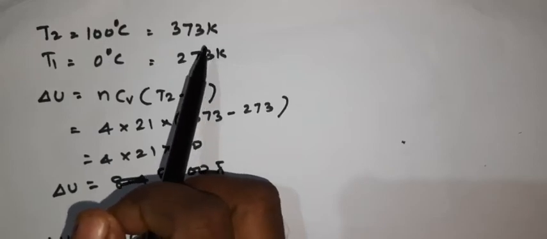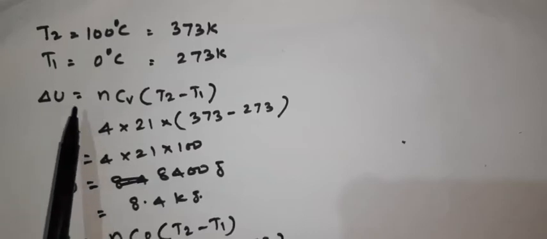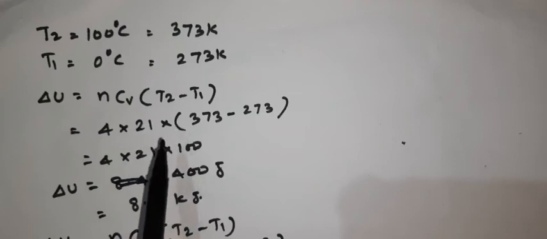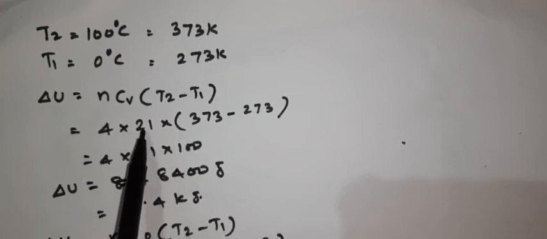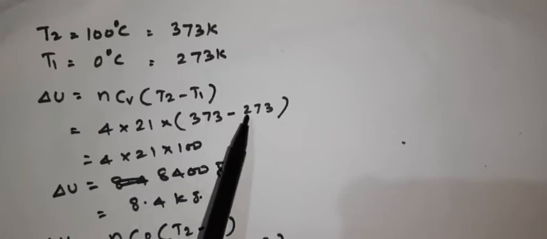So now substitute all the values in the formula. Delta U formula is delta U equals n Cv into (T2 minus T1). n is number of moles, 4, and Cv value, that is 21, into T2 is 373 and T1 is 273.